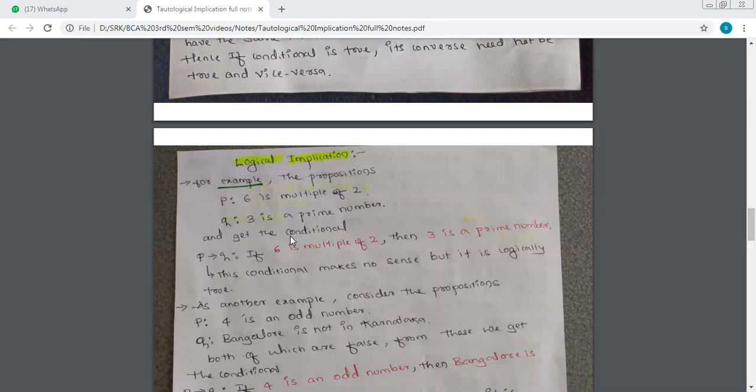We are only putting the first and second sentences on either side of the conditional symbol.